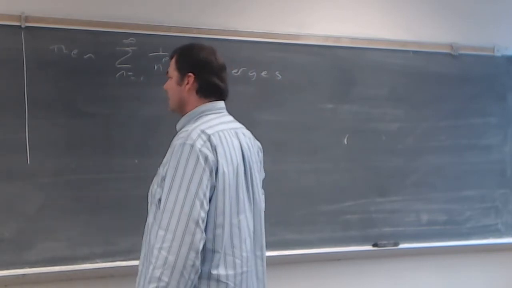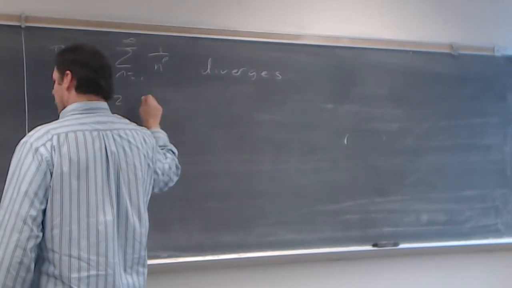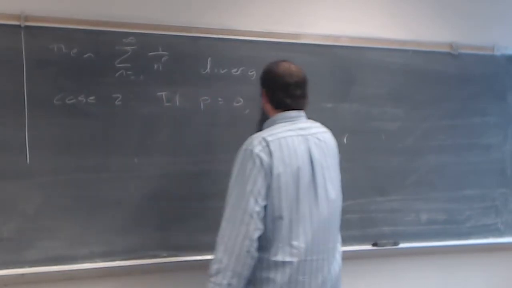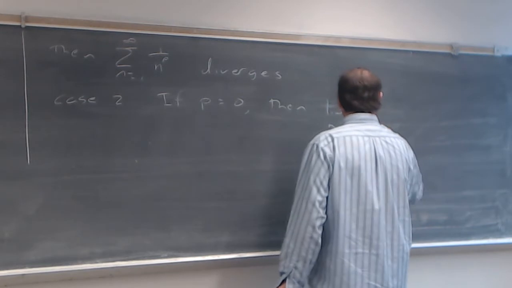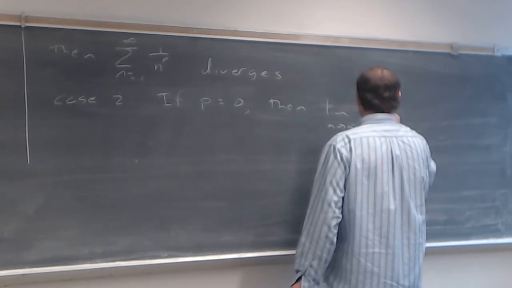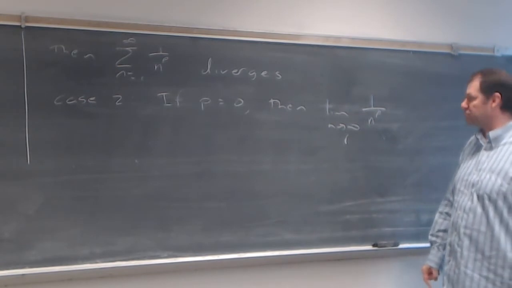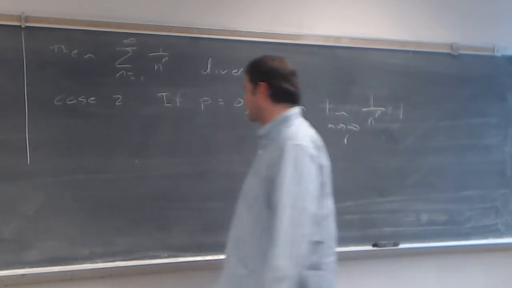Let's do case 2, where p is equal to 0. If we take a look at the limit as n goes to infinity of 1 over n to the p, well, p is 0, something to the 0th power is understood to be 1, so we just have 1 a bunch of times. That converges to 1, a constant sequence.